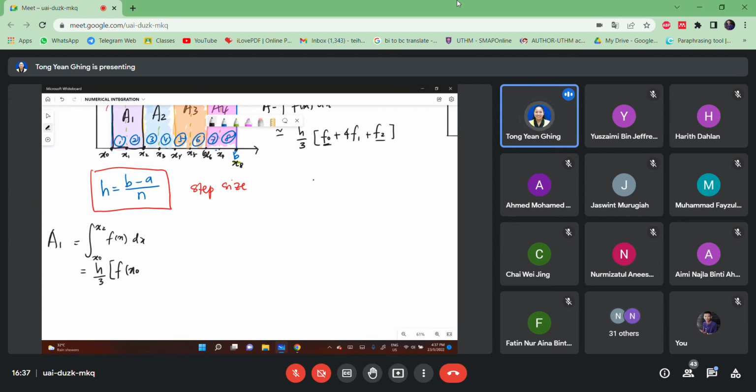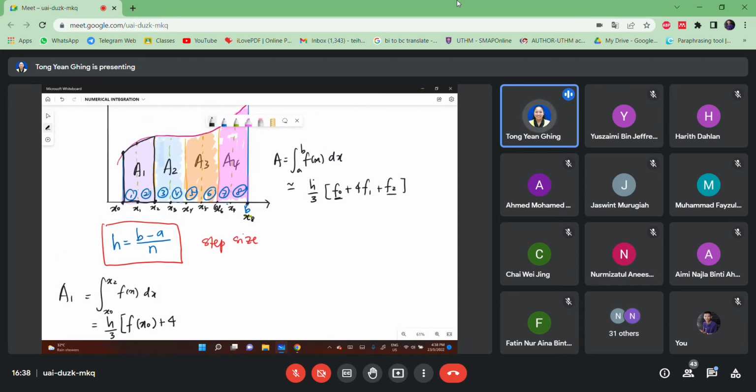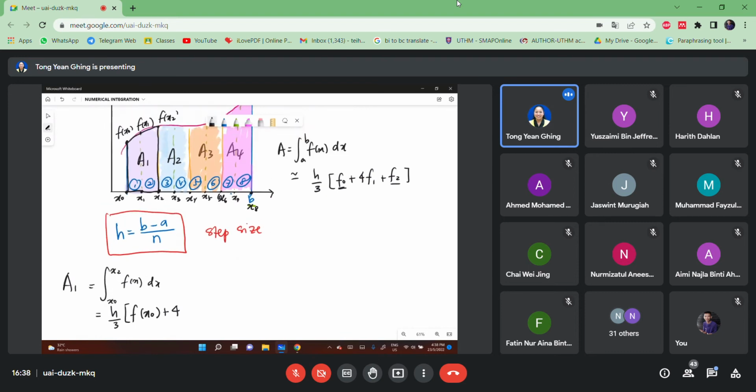So you look at this one, it will become H over 3 times f(X0) plus 4, you look at here, this is F X0, this is F X1, this is F X2. So the middle one has to be multiplied by 4, plus the last one, F X2.